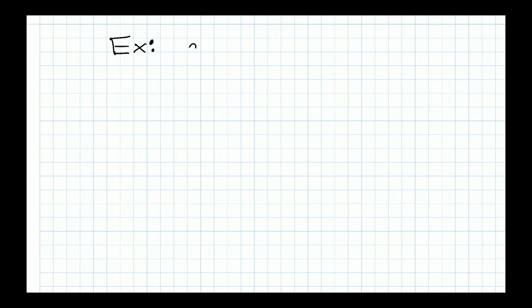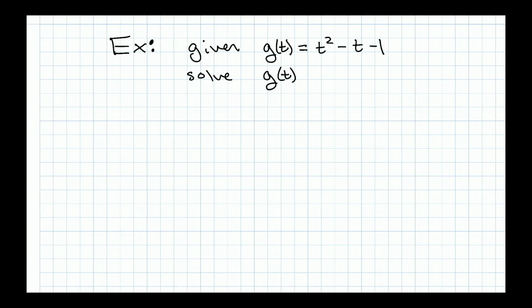They say, given g of t equals t squared minus t minus 1, solve g of t equals -1 for t. Right?